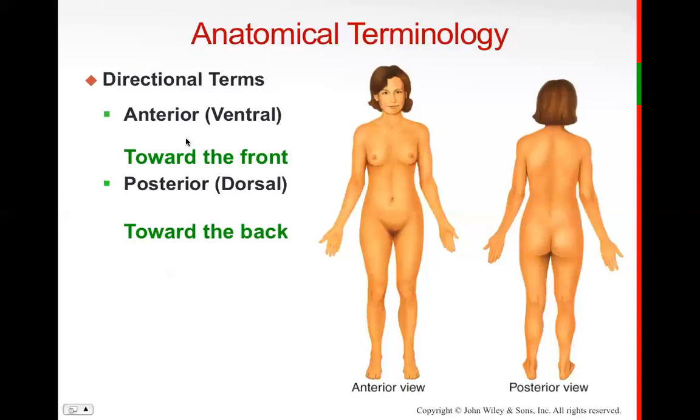So we've got a cat, for example. The ventral region will actually be facing the ground, okay? And the dorsal region will be facing the top of the room, for example. So it's a slightly different way of thinking about it, but still the same kind of terminology, all right? So you've got anterior or ventral, posterior or dorsal. I like thinking of the dorsal fin on a dolphin, for example, sometimes, all right, towards the back.